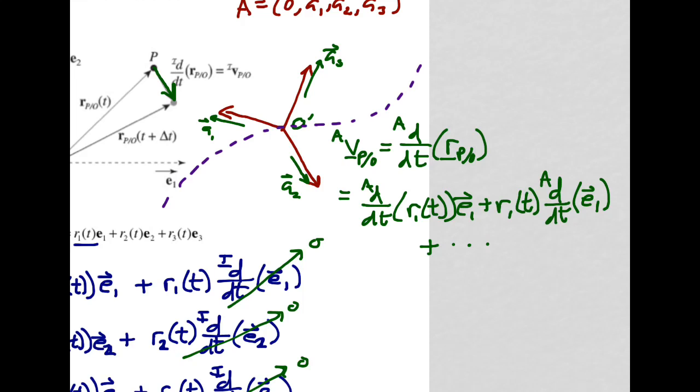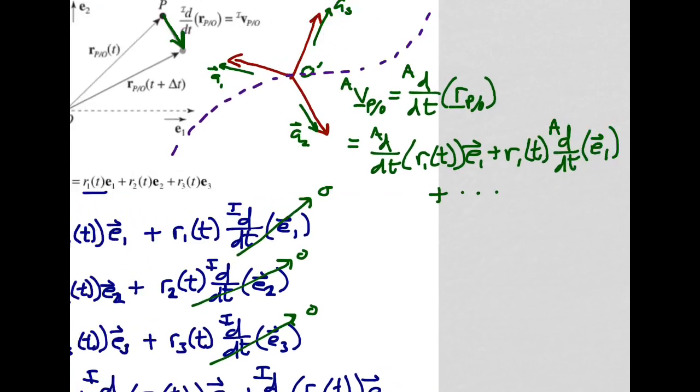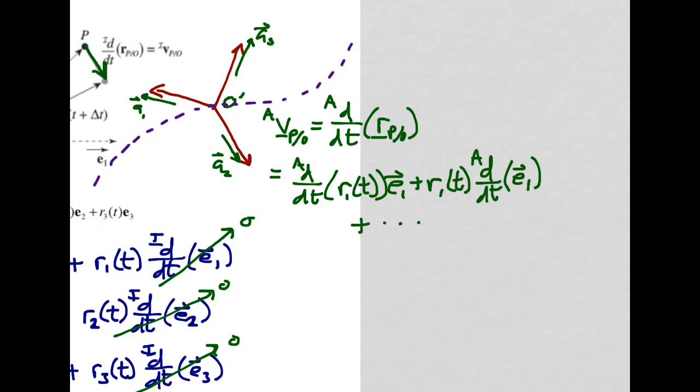And then we have lots more after that. Now, in our last vector derivative, in which we were taking the derivative as observed in the inertial reference frame, we were able to take the first expression here and get a scalar derivative multiplied times the basis vector, and then this last term simply went to 0.